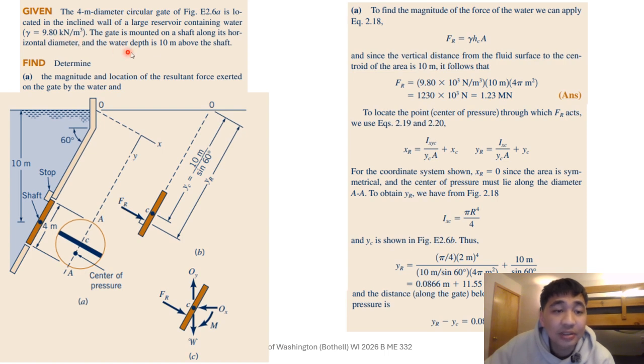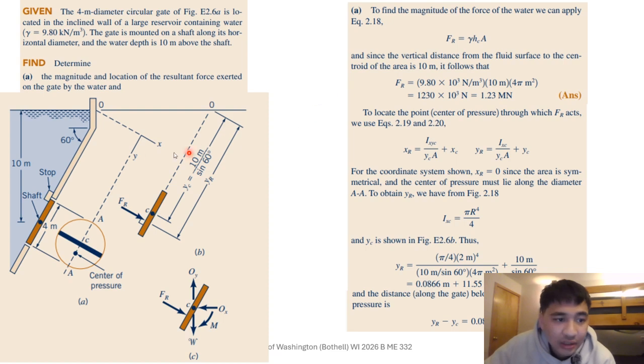Newtons over meters cubed. The gate is mounted on a shaft along its horizontal diameter, and the water depth, that's going to be the depth from the free surface to, looks like the centroid here. Yeah, because it's right there, is 10 meters above the shaft. So we're going to determine the magnitude and location of the force resultant exerted on the gate by the water.